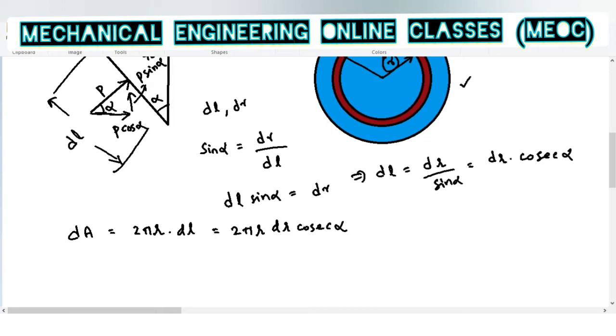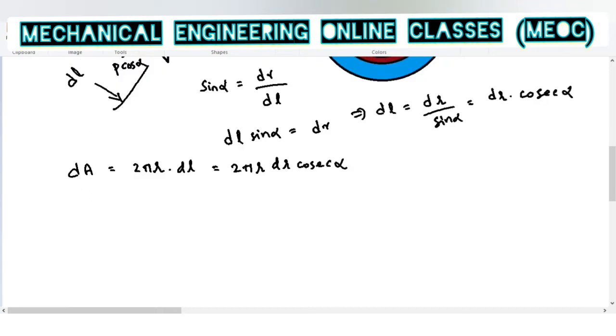Now we have to find the normal load acting on the elemental ring alone. If we indicate that as dWn, this is the normal load acting on the elemental ring.